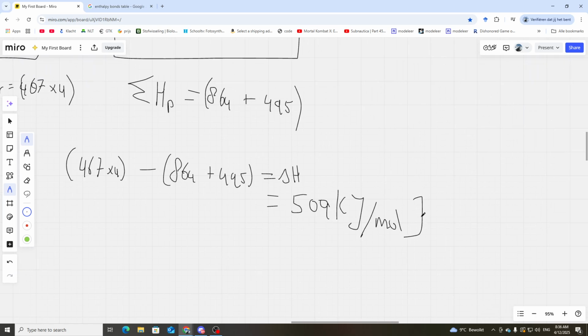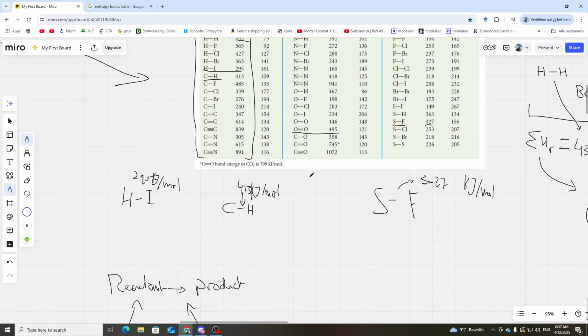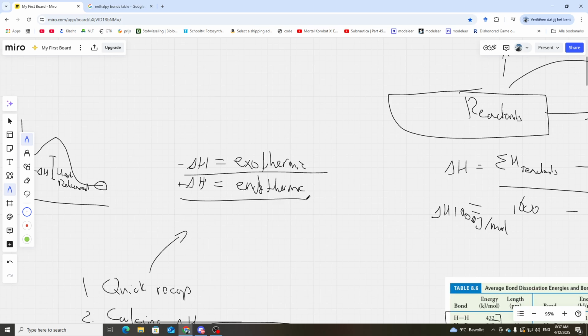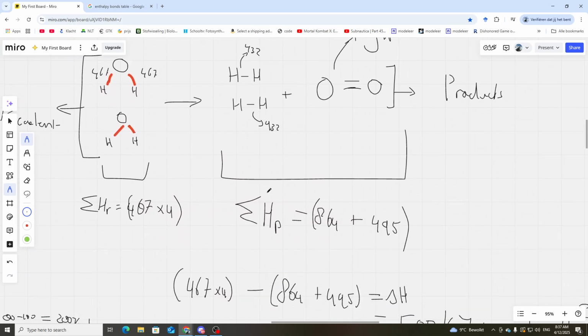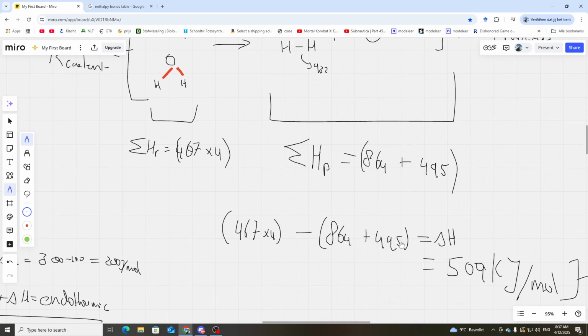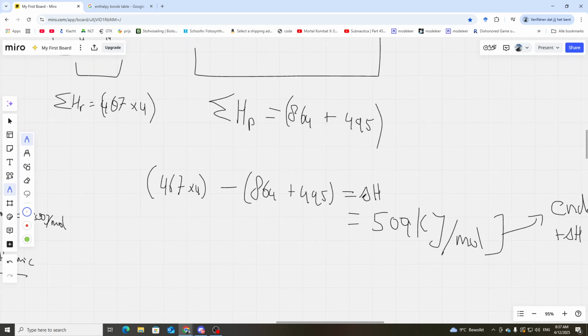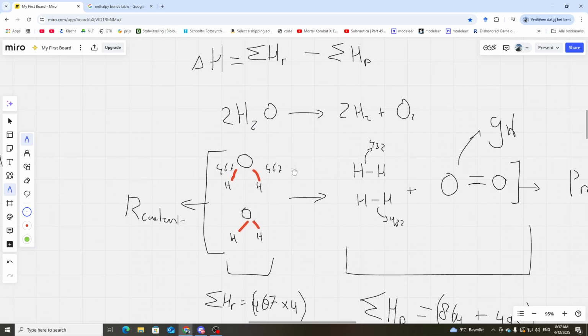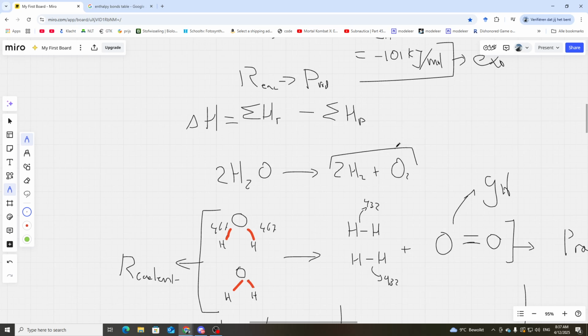So is this endothermic or exothermic? This one is endothermic because it has a positive delta H. Positive delta H means endothermic. So what can we then say about our reaction? If we know the delta enthalpy is positive, that means that our products have a higher enthalpy than our reactants.